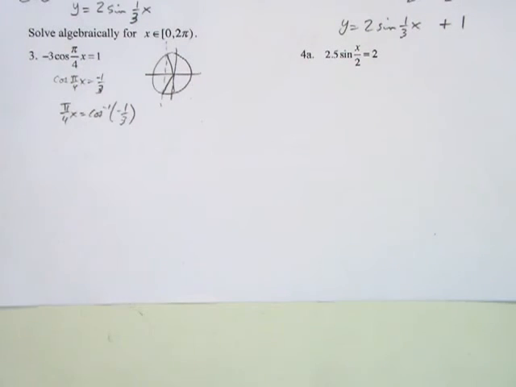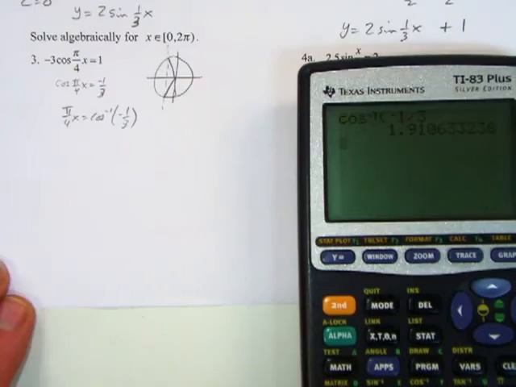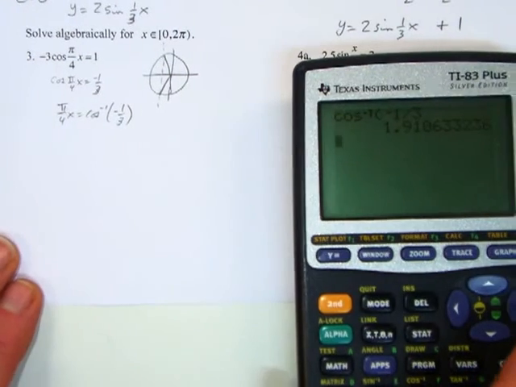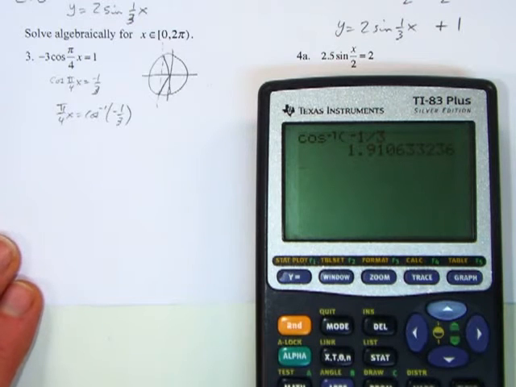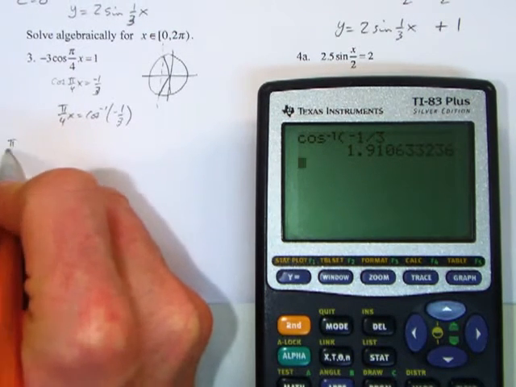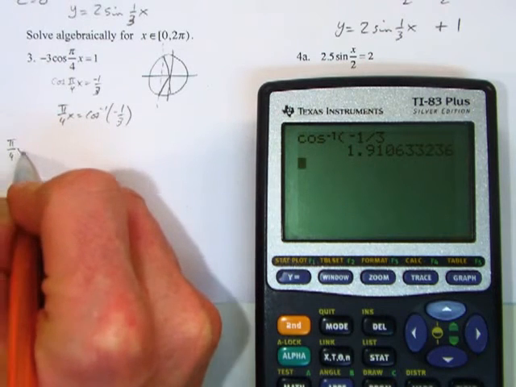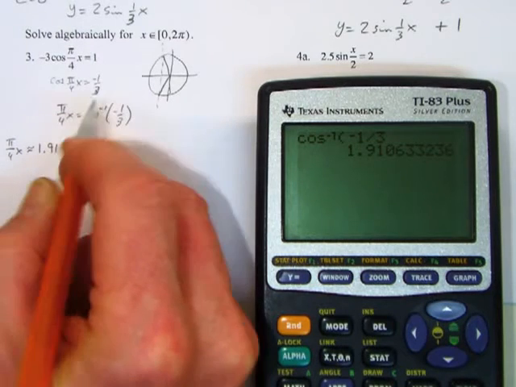And we're going to type that in on your calculator. I did it here. See if you can get that to show up. So we have pi over 4x is approximately equal to 1.91.